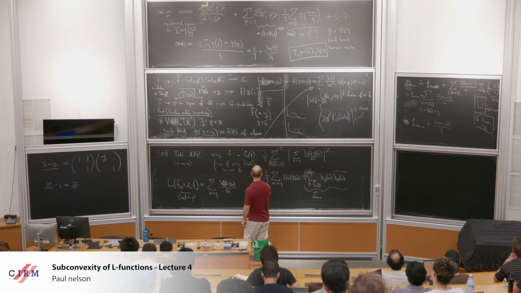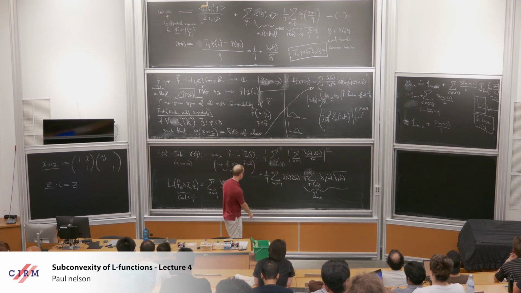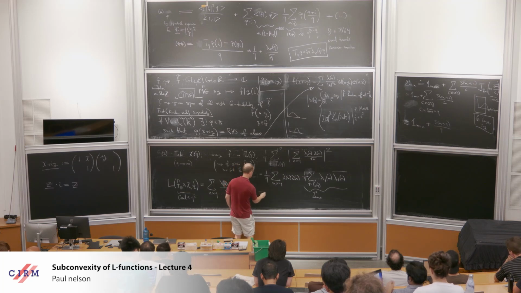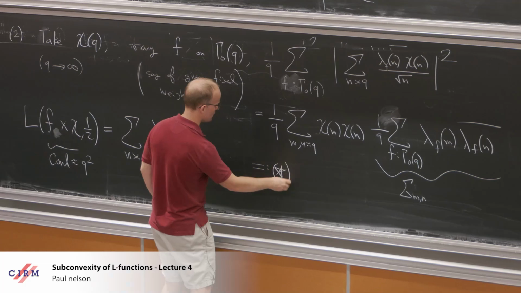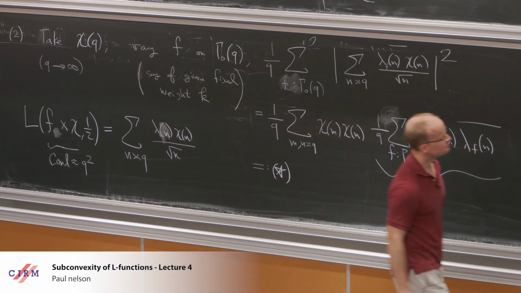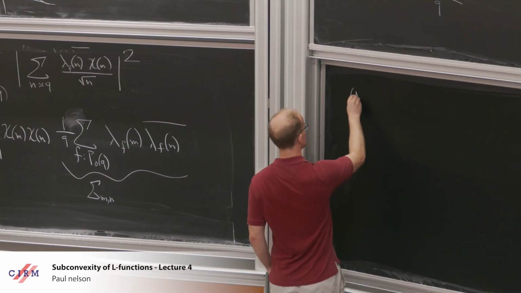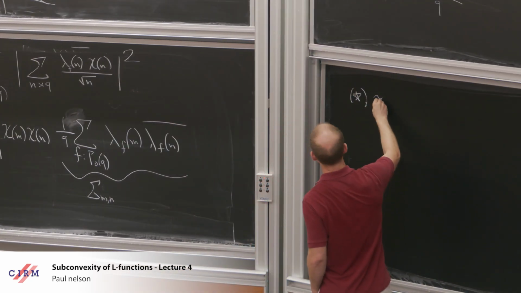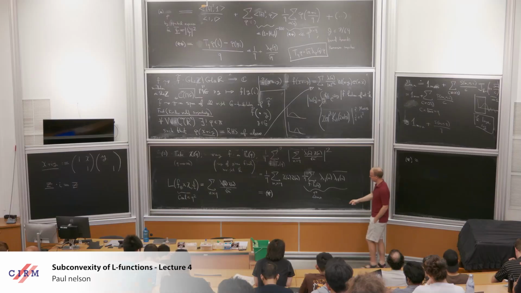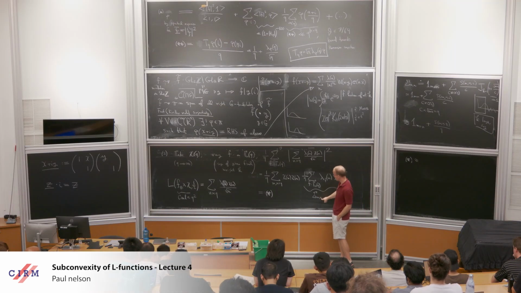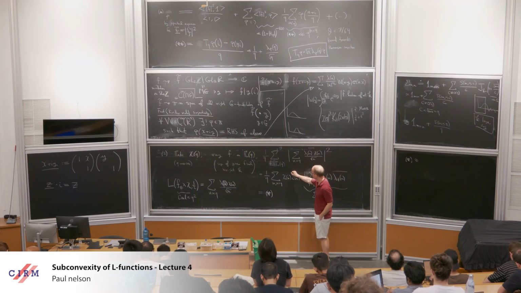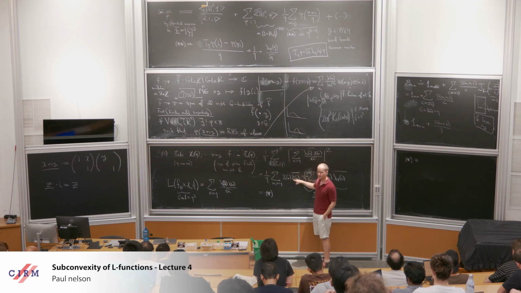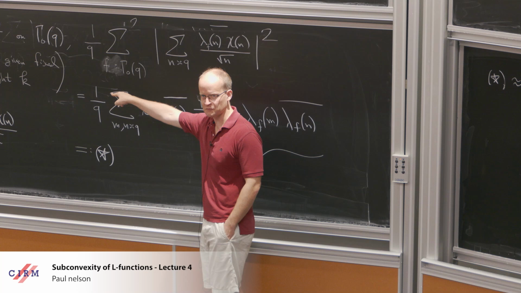Okay, we started with this expression. Let's call it star again. I think star has been reset by now. So we get that star is something like, well, we'll have the diagonal contribution from when m is equal to n, and then if I put my conjugate correctly, these would both be the same number in that case, and we have about Q terms coming from that.